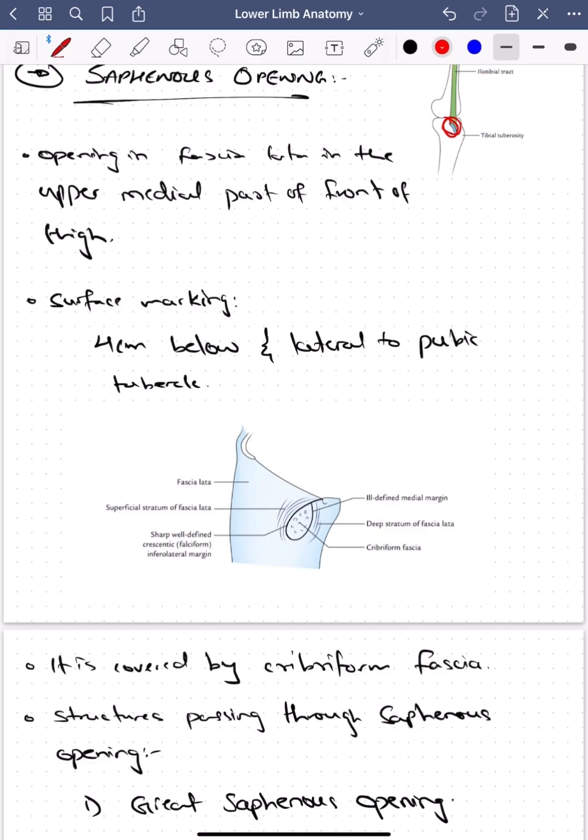Now the surface marking is also asked in your anatomy practical. It is basically 4 cm below and lateral to the pubic tubercle. Let me just bring in that diagram.